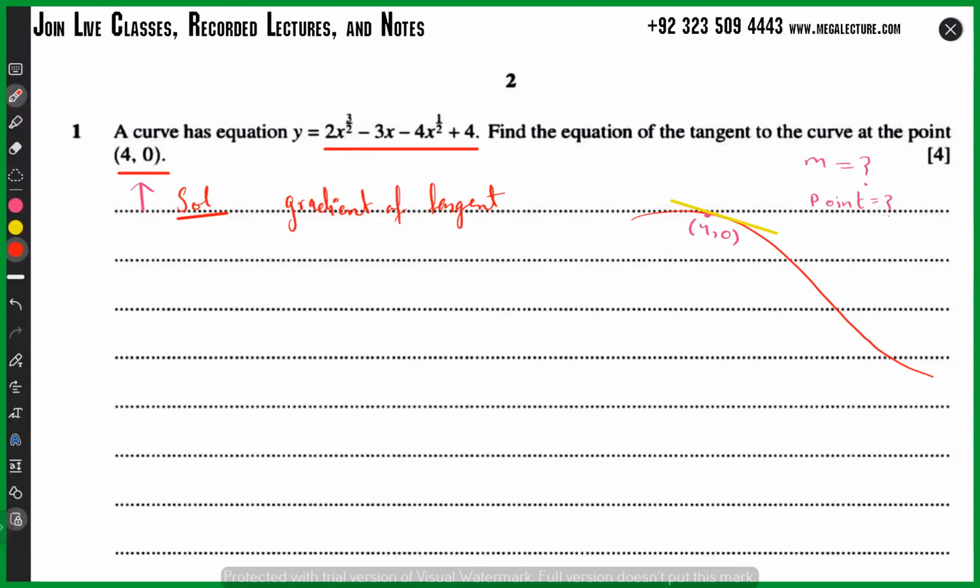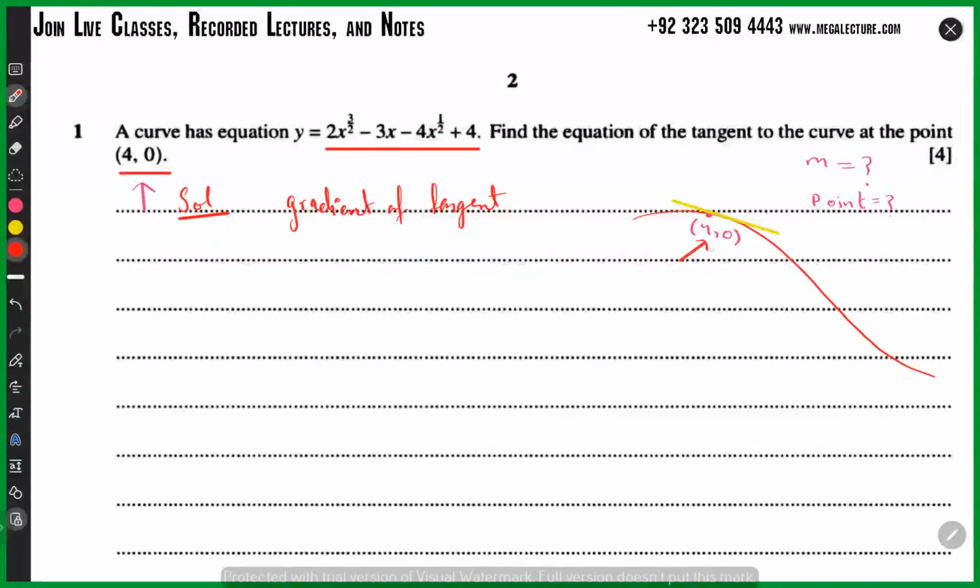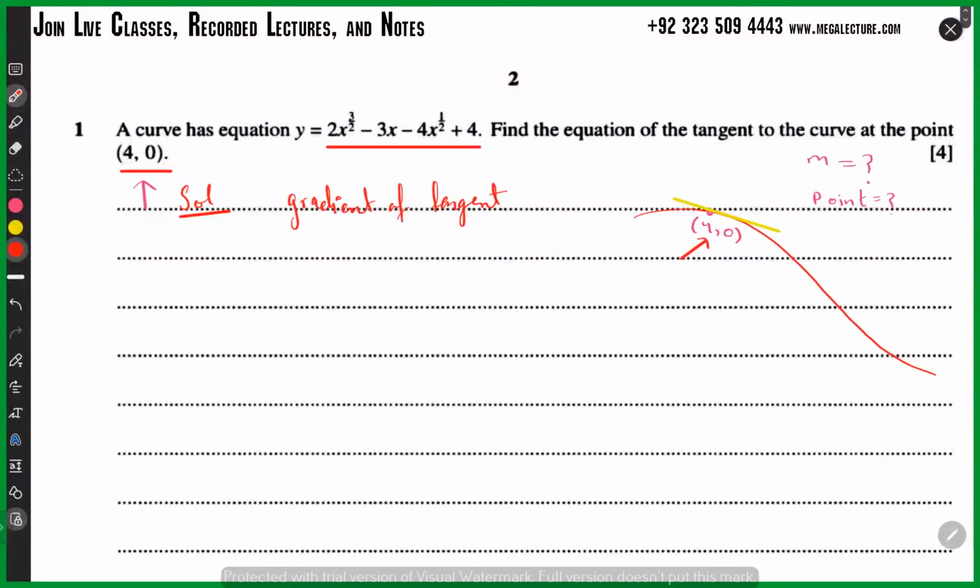For example, if I want to find the gradient at (4, 0), I'm going to make a tangent line at (4, 0) and find the gradient of this yellow line, the tangent line. This is something we discussed in the last class. Similarly, now if I'm interested in the gradient of the tangent line, I need the gradient of the curve at (4, 0). And how do I find the gradient of the curve? By differentiation.